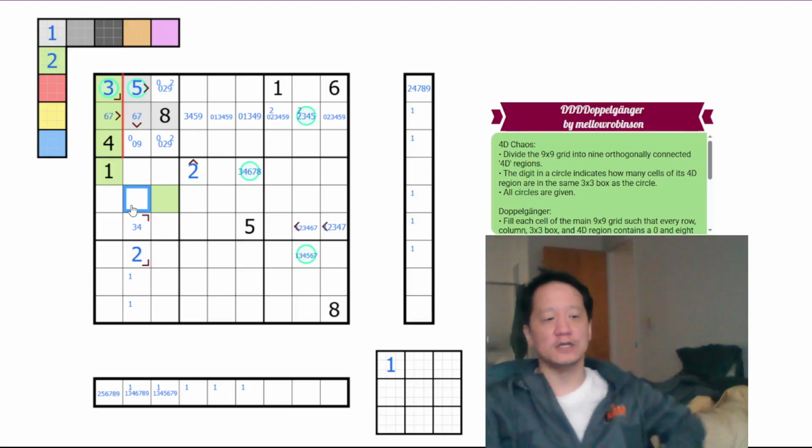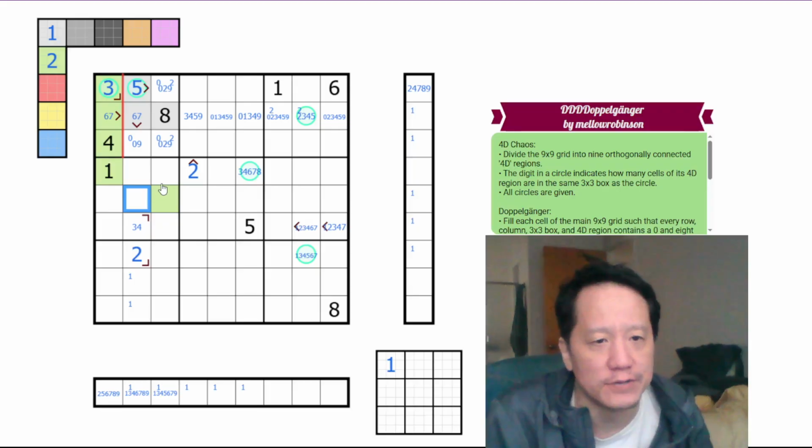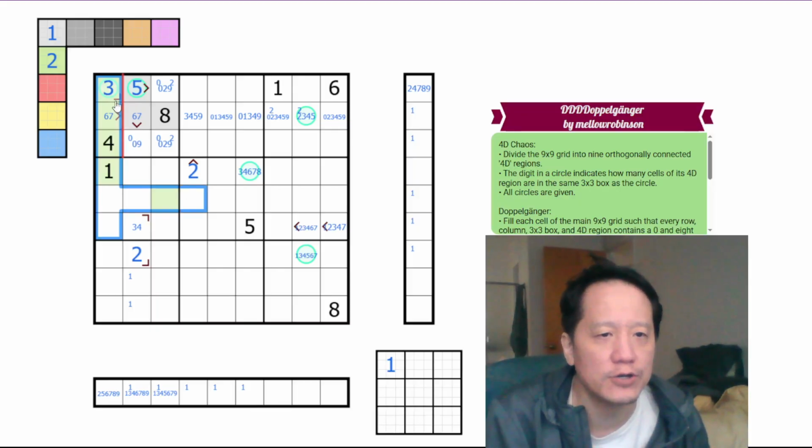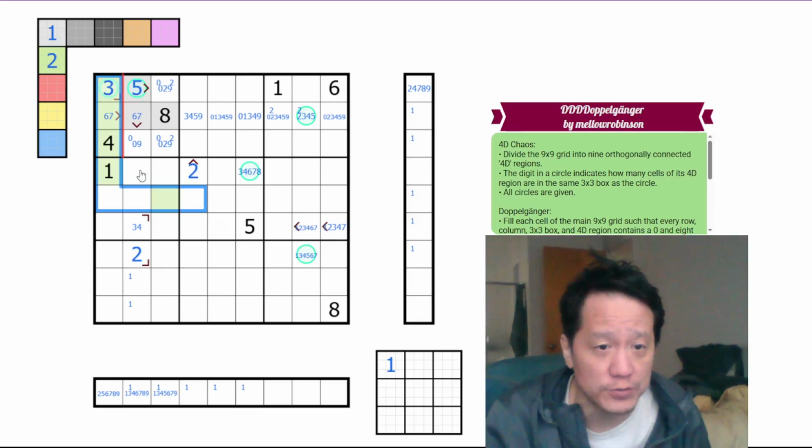So the question is, where are the other cells, right? Right, and that was the reason, because we can't have 5 there. We could have 4 cells here. We could have a full 6 here.